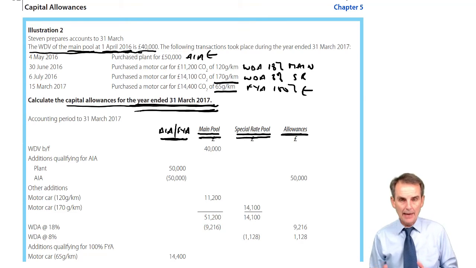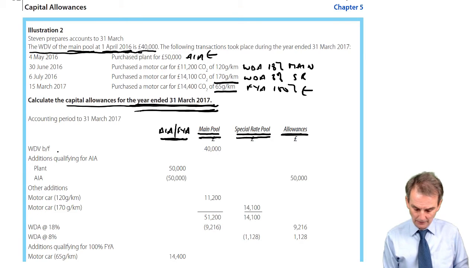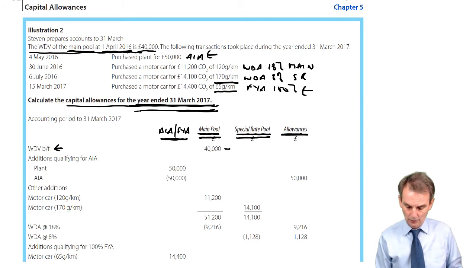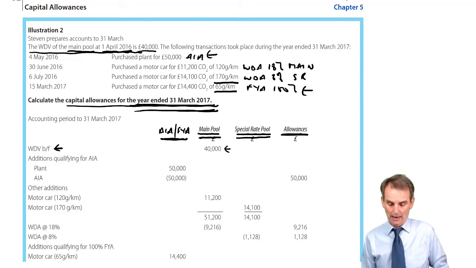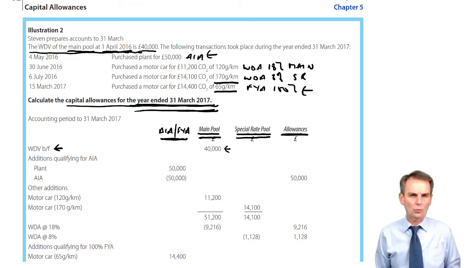Okay, now we can deal with the detail of the computation. Pick up, of course, the opening tax written down value brought forward. That you're told on the main pool was £40,000. Obviously, you could have inherited a tax written down value brought forward on the special rate pool, but you'll be told what those tax written down values are.